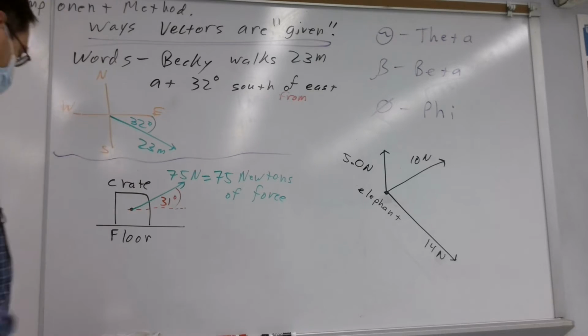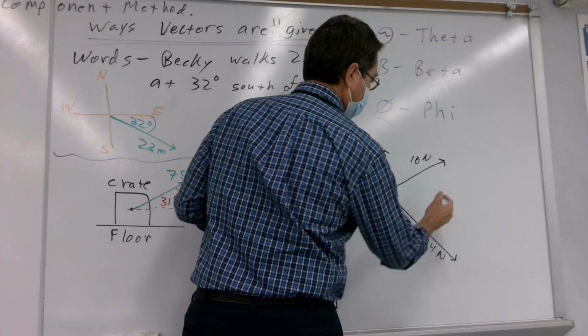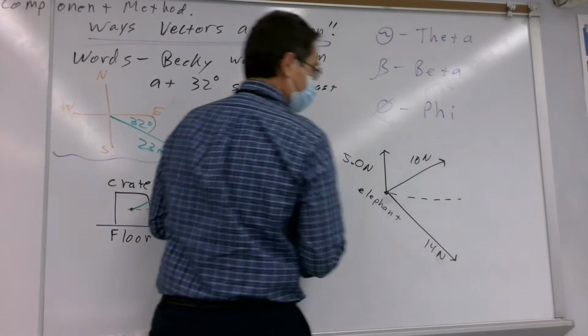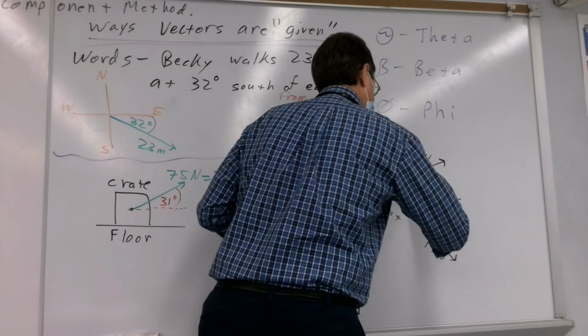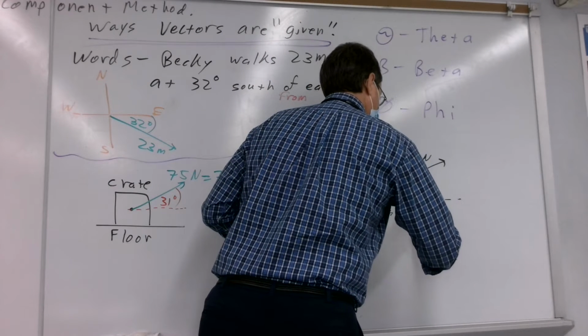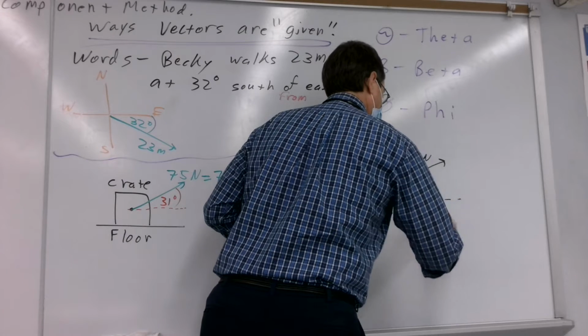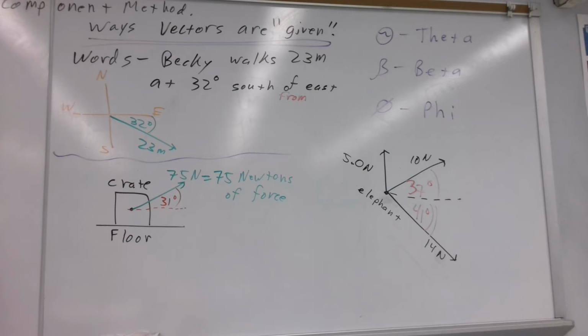Okay. Now we're going to provide some angles in here. So this would be like the diagram that you're given, and we've been using 37 degrees up here, 37 degrees up there, and 41 degrees down here. Okay? So those are the vectors that we're going to use.